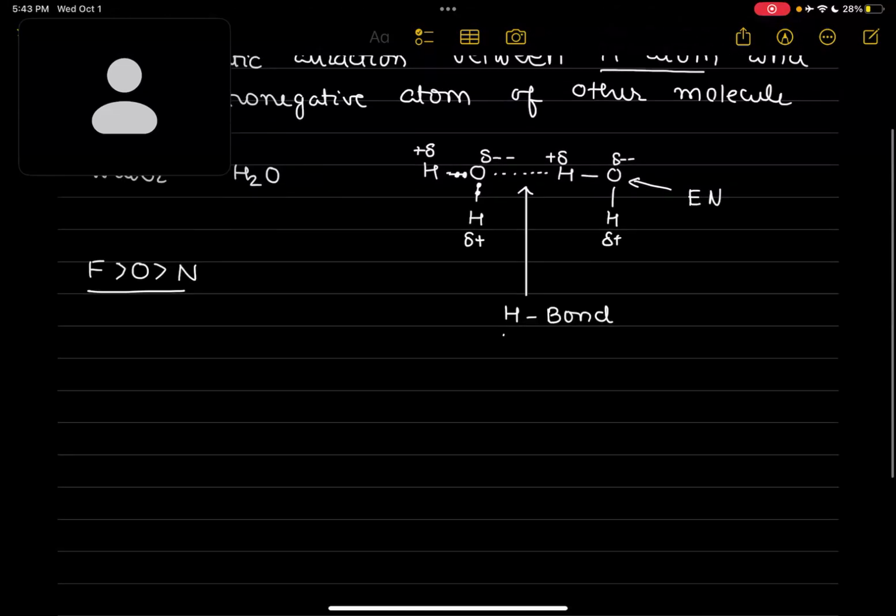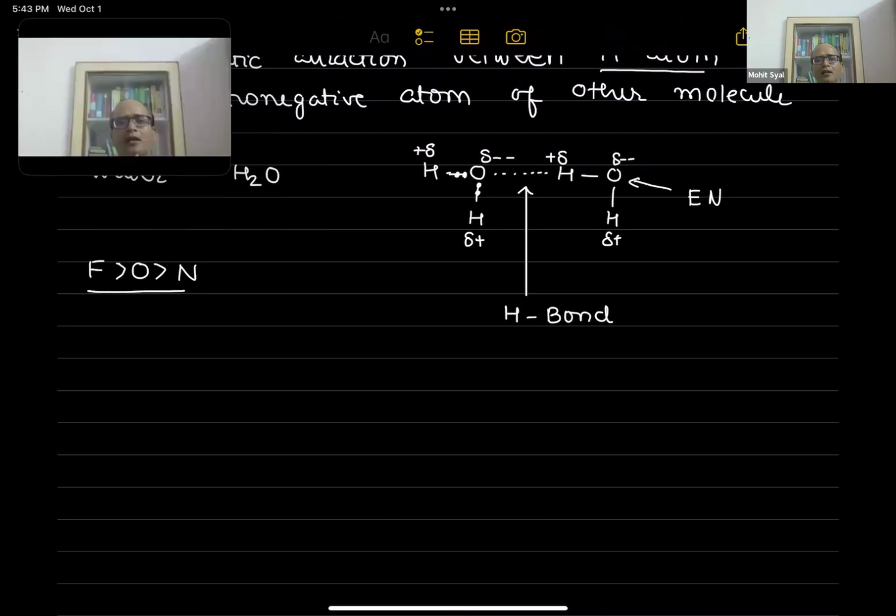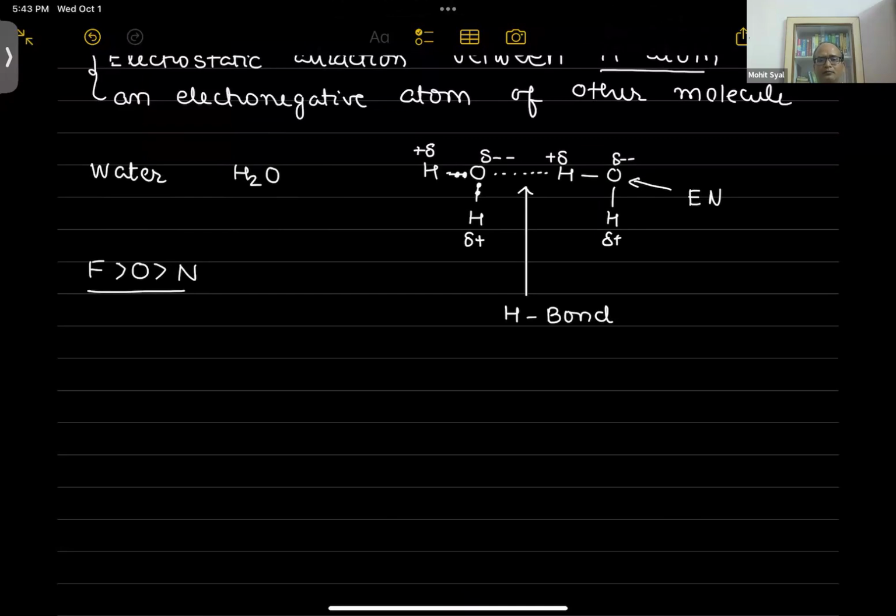So this is clear. Hydrogen bonding can be within a molecule or it can be between two different molecules. Inside a molecule also it can happen. Is it clear? It is also between two different molecules.